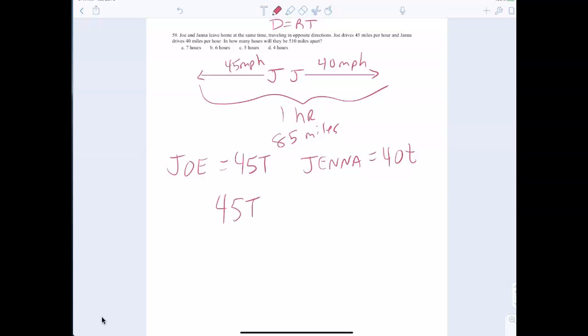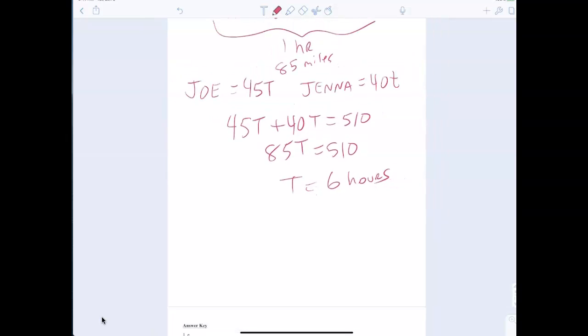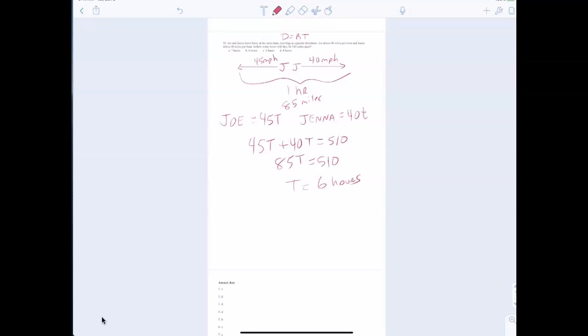So 45t plus 40t equals 510. 85t is equal to 510. And so t is obviously equal to what now? 6 hours on that. All right. That was good.